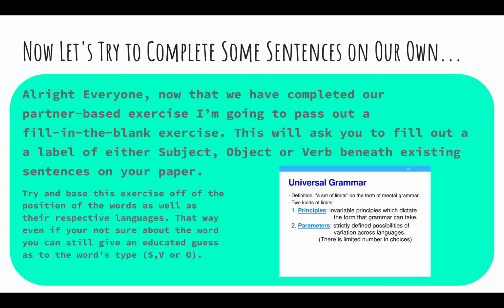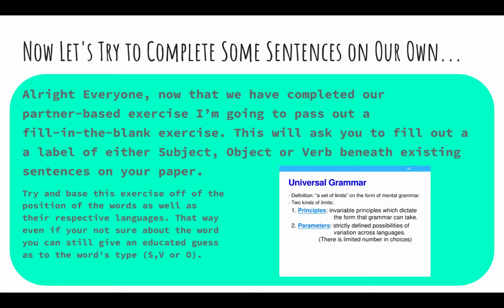So I'm just going to explain it to you guys. It's going to look a little weird, but we're going to have four sentences. The English one's going to be on top, Spanish, then Japanese, and then German. For each of the sentences, they're going to have all four. And you guys are just going to try and use the pattern that you're noticing to make an educated guess.